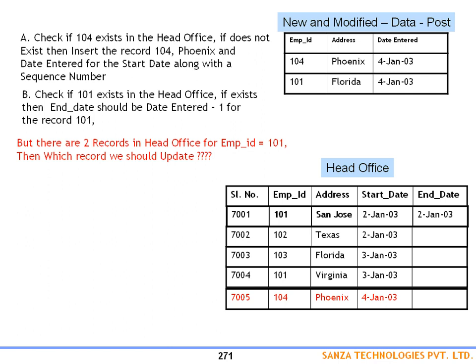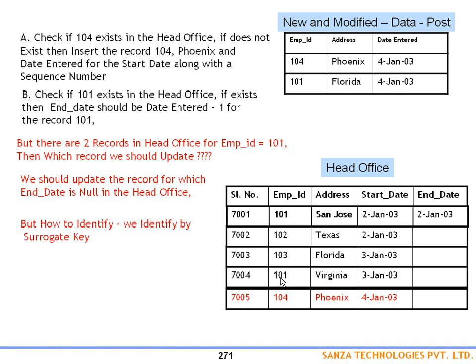There are two records of 101 in your head office. Which record do we need to update? We should update the record which has a null end date in your head office. That record has to be updated. We identify it by the surrogate key. We update the record with that surrogate key, 7000, with the end date of 3rd January.